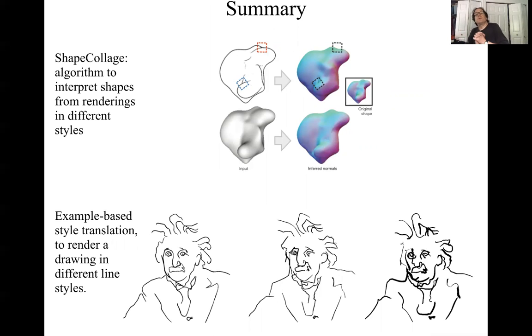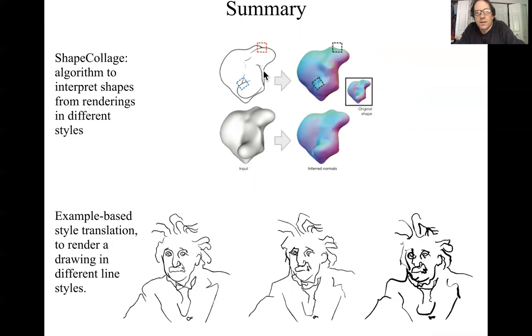So that's it, these two methods to try to understand and generate line drawings such as you might find in diagrams or other drawings. First, the shape collage method, where we learned how to go from various different renderings of shapes, generic blobby shapes, and it was example-based, relied on a library of patches, and found the best interpretation for each of the local patches to come up with a global interpretation of the shape.